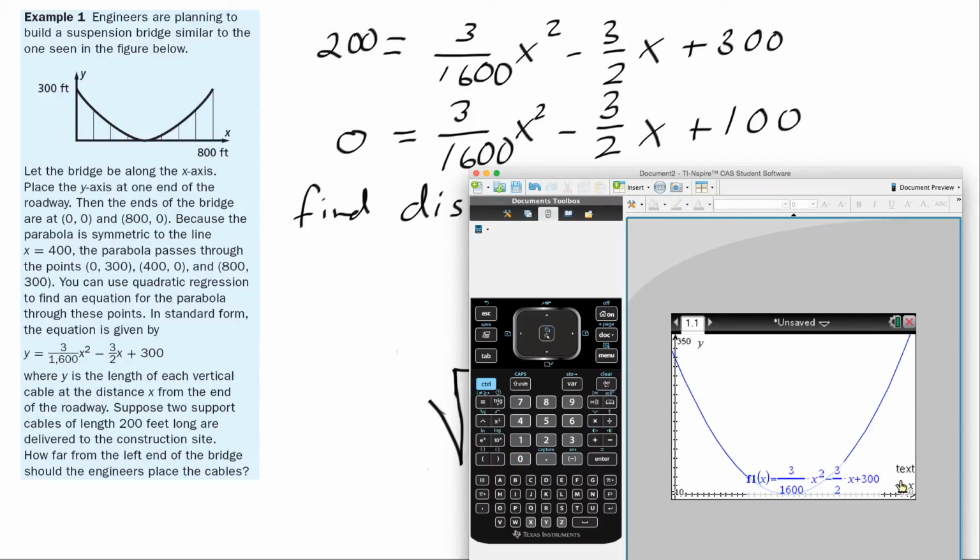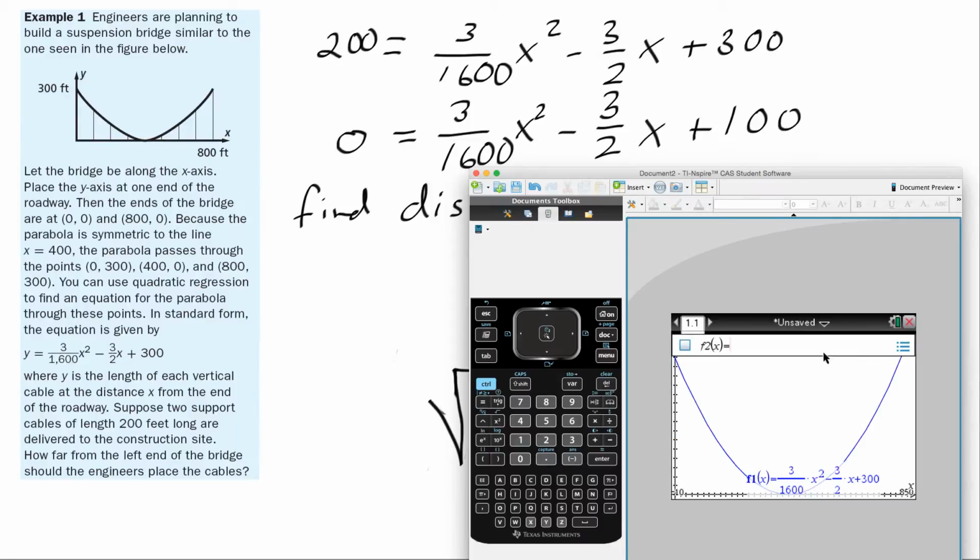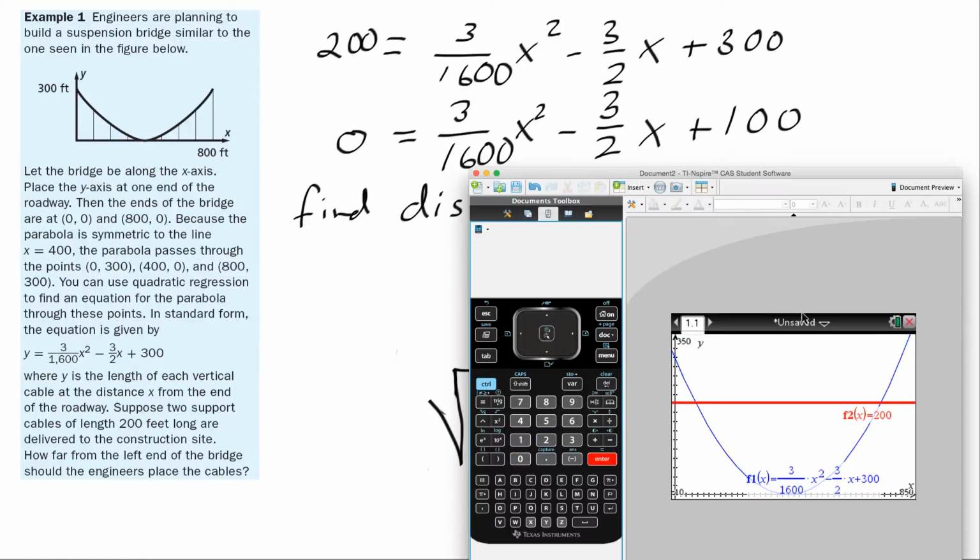And what we want to do now is to plug in our next function, and that's going to be f2(x) equals 200. Enter that. I've got it, and I want to look for intersections now and see what intersections I have.